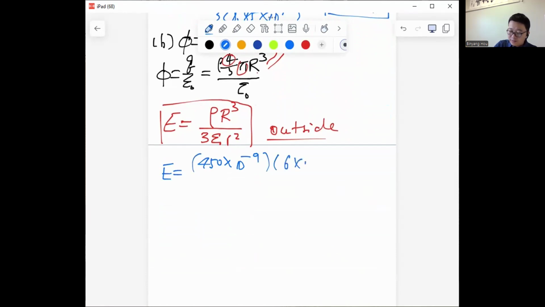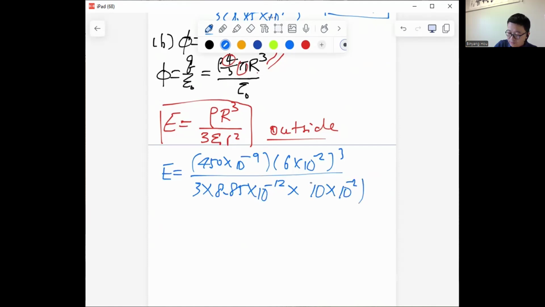Radius is 6 times 10 to the minus 2, cubed, over 3 times 8.85 times 10 to the minus 12, times 10 times 10 to the minus 2, squared. This is a small r. So that will give you 366 newtons per meter for the electric field.